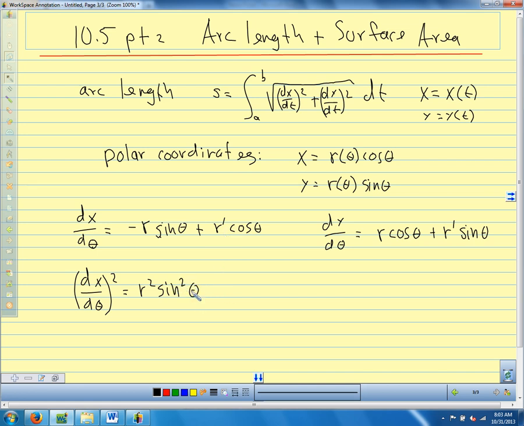And I get an r prime squared cosine squared theta for the outside terms, and then the inside terms I get a minus 2 r prime sine theta cosine theta. Are we good there?